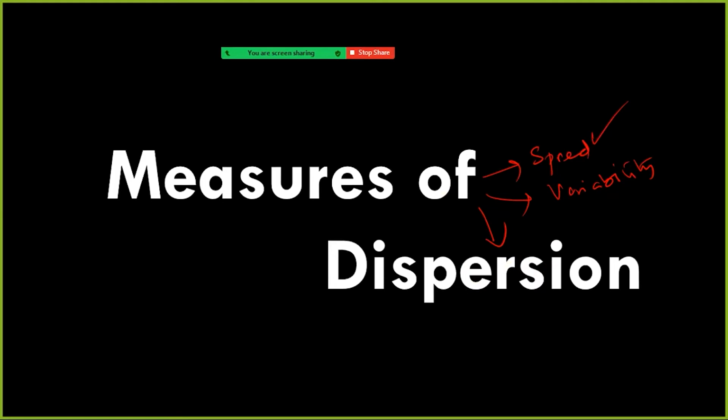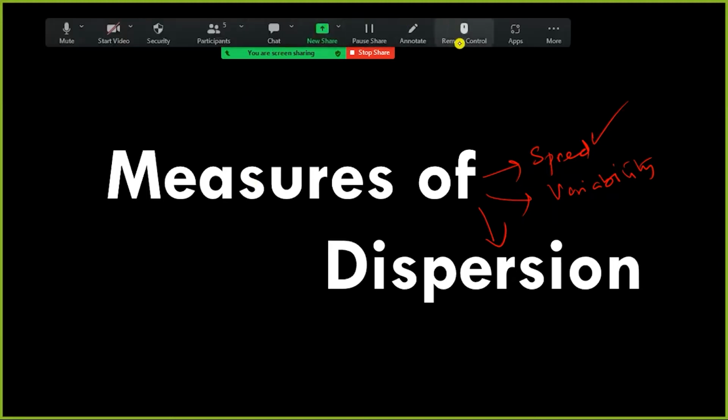So far we discussed the measures of central tendency. As part of that, we discussed mean, median, mode. Now we are going to learn a different topic by the name of measures of spread or dispersion. Both the measures of central tendency and dispersion fall under descriptive statistics.